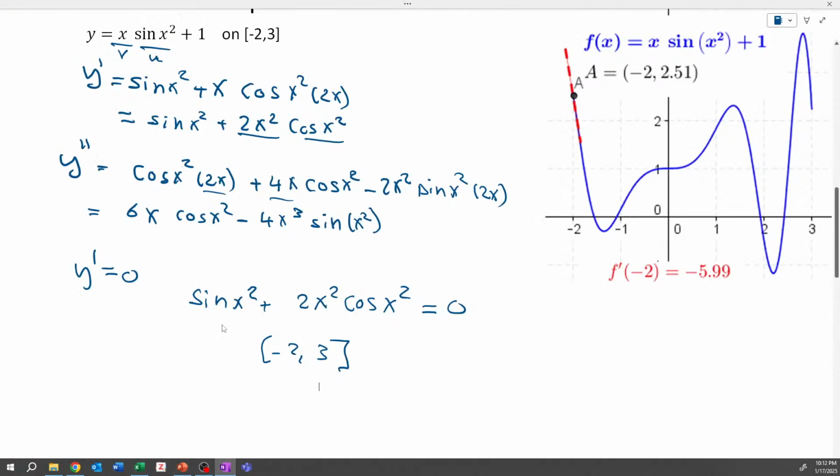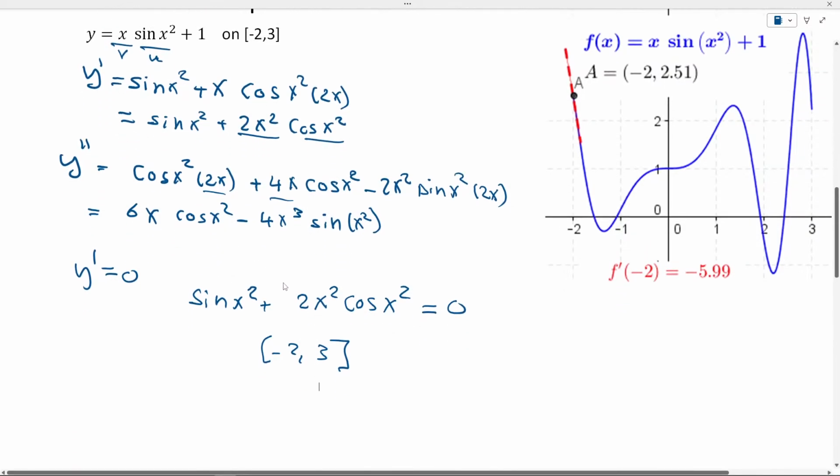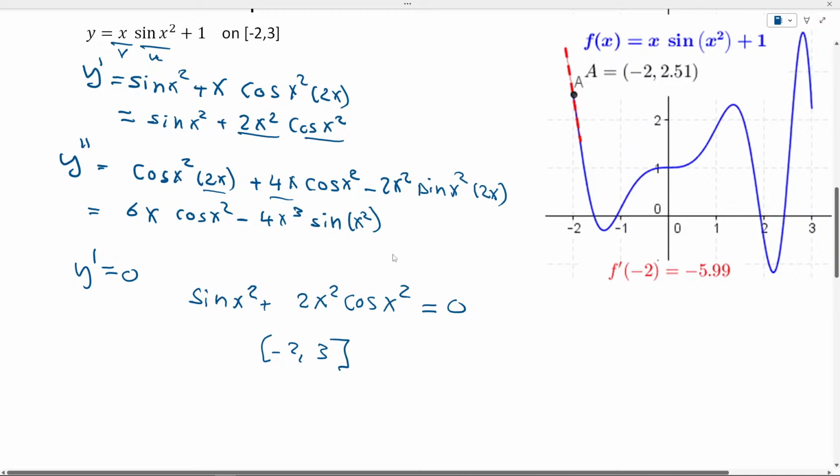So let me just get the equation that we have here. Let me just write the equation.